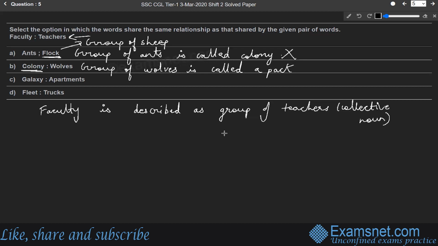The group of ants is called colony. So both these words are also not related to each other and this is also not an example of collective noun. Now let us check option C, which is galaxy and apartments. Group of apartments is called a block.